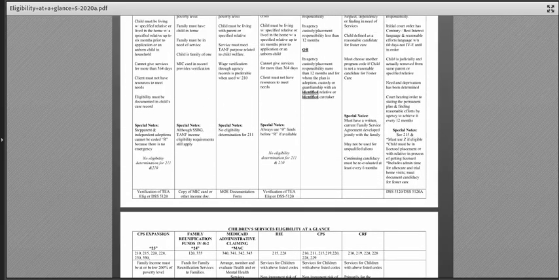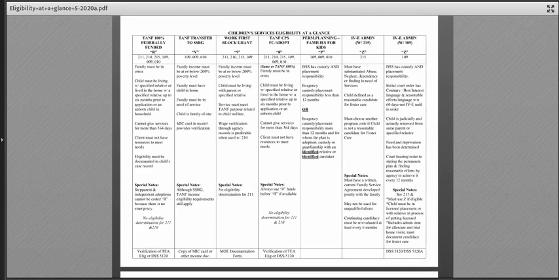But this eligibility at a glance worksheet is available to you to download, and there's a link to that. I believe it'll be available when you first come into the room or select this training. And you can get it also from your regional child welfare consultant.